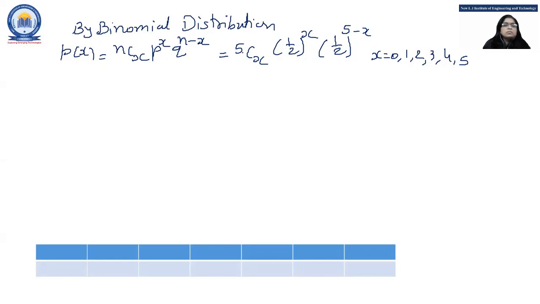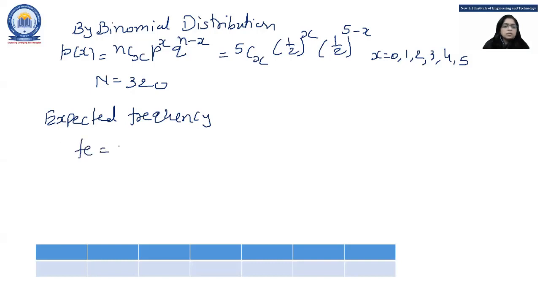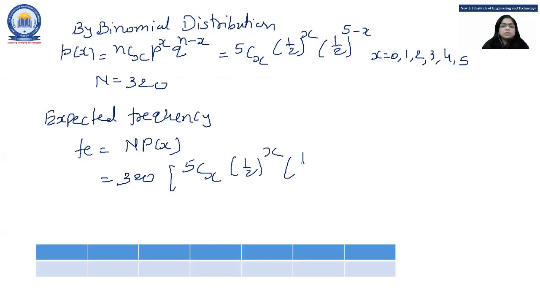What about N? Your capital N is 320. So expected frequency FE, that is N into P of x. So your N is 320, P of x is 5Cx, 1/2 to the power x and 1/2 to the power 5 minus x, as our n is 5 here.